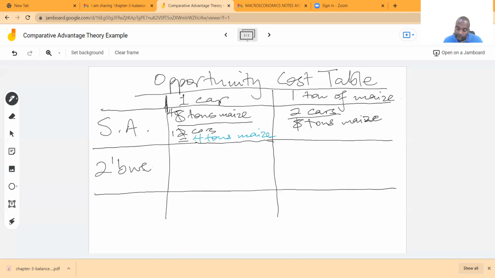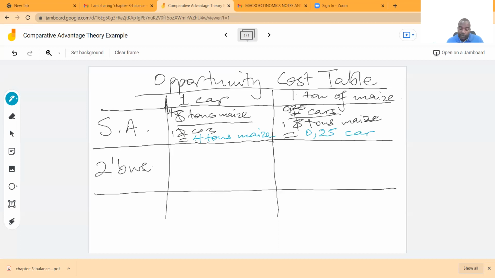And then we say 8 into 8, 1. 8 into 2, we know it can't. 8 into 20, it's 2, remainder 4. 8 into 40, it's 5. So we gather that 1 ton of maize is equivalent to a quarter, 0.25 car. Or you could just write a quarter car.